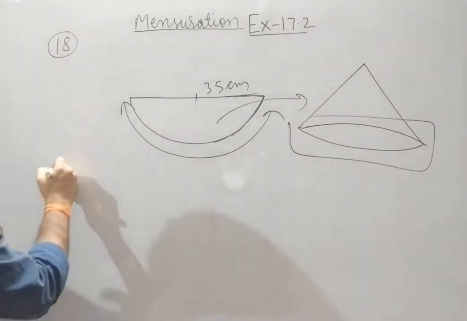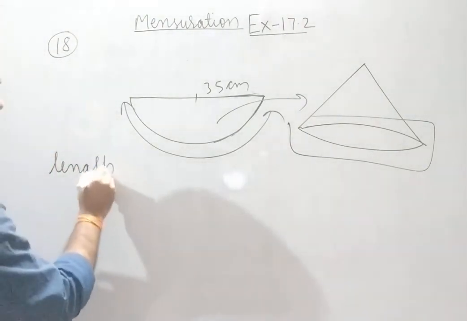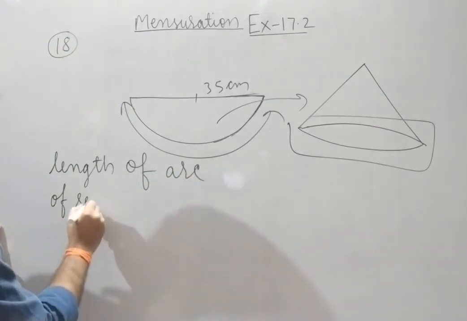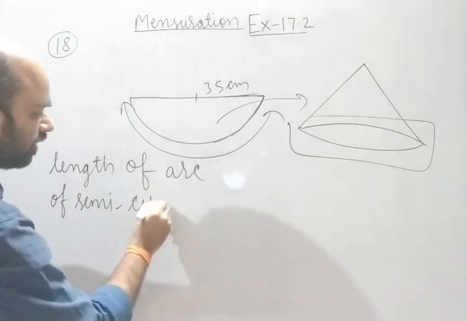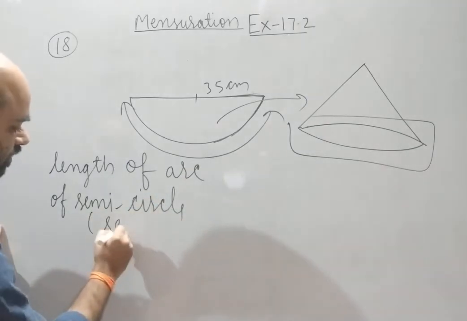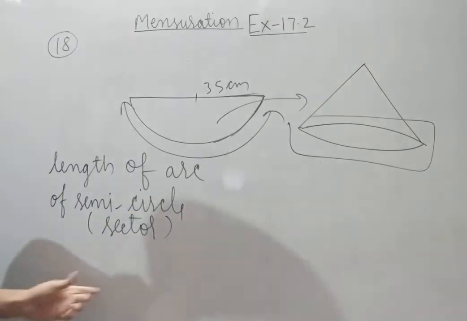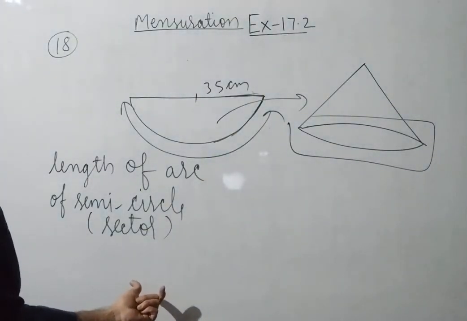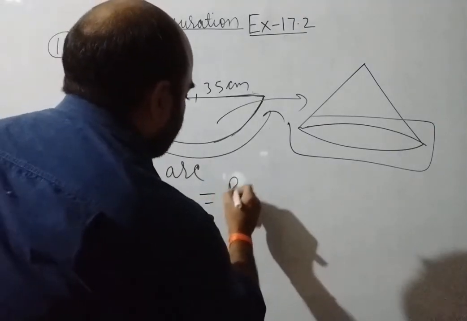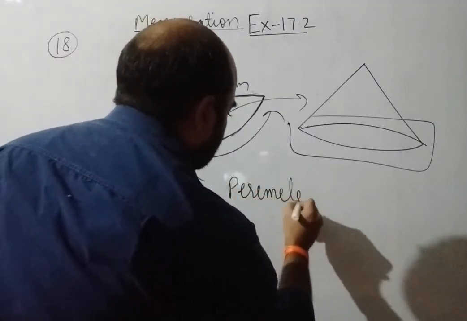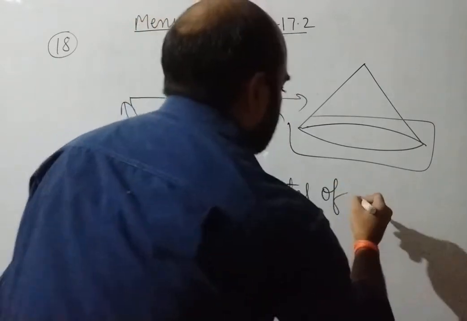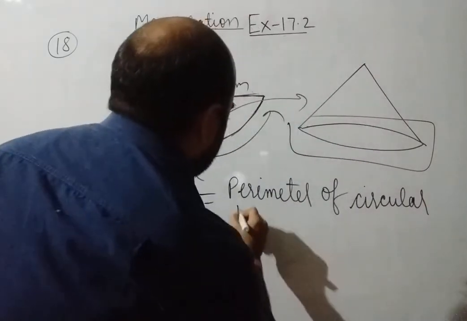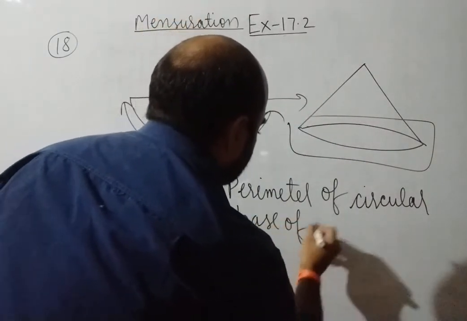It means the length of arc of the semicircle, that is the sector, will be equal to the perimeter of the circular base of the cone.